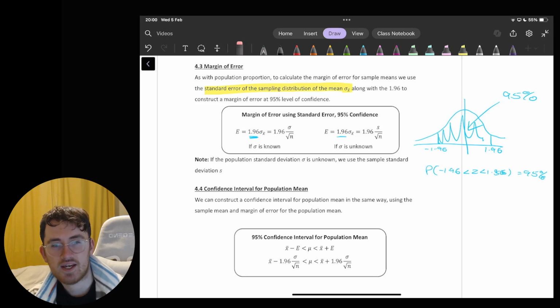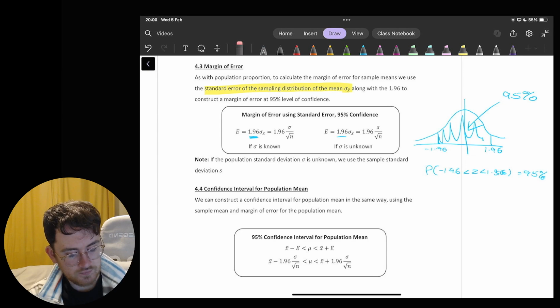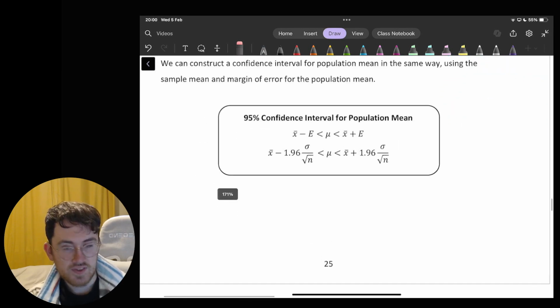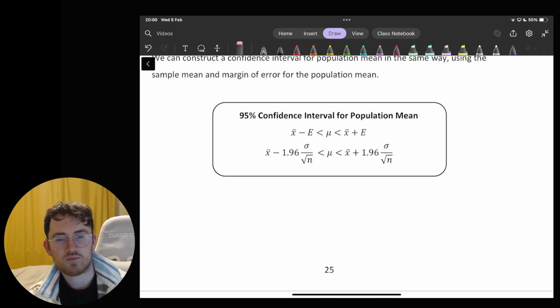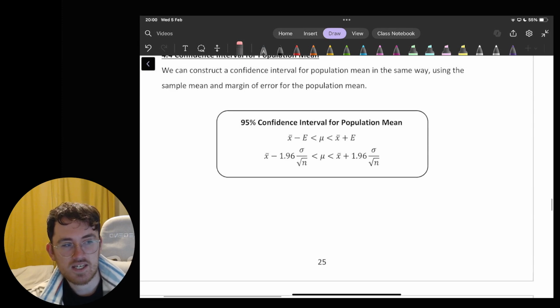The 1.96 accounts for how many standard deviations I'm willing to be away from the mean. Constructing the confidence interval, we add and subtract that error to my sample mean, and that leads me to my confidence interval.